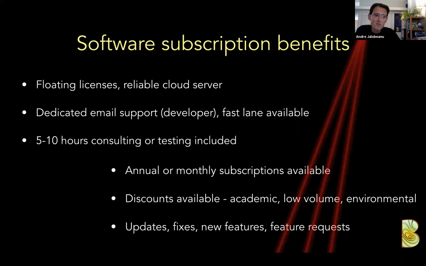There are 5 to 10 hours of consulting or testing included in the yearly subscription. We consider that the success of BayesMap is tied to the success of our clients, so we try to help you solve problems that pop up randomly, such as bad data, faulty sensors, or anything unusual that can happen. Just send the data over and we'll look and help you set up the command line if needed.